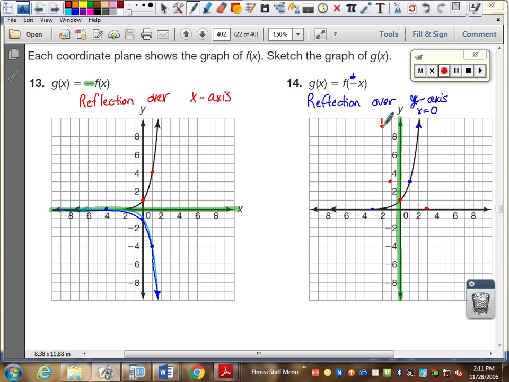And now we have enough dots to draw our reflection in. I want to see some evidence of dots, guys. Otherwise, you're just eyeballing it. I don't want you eyeballing it. I want you to understand how reflections work.